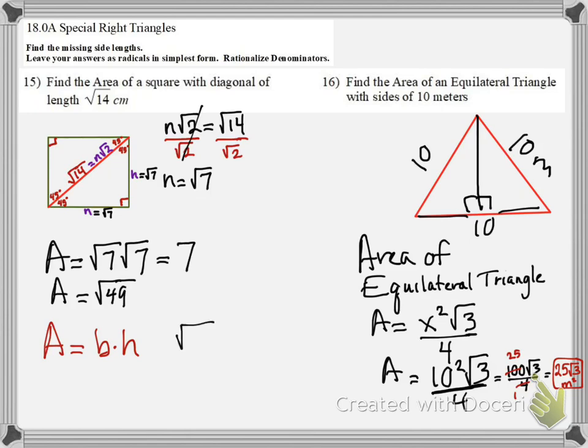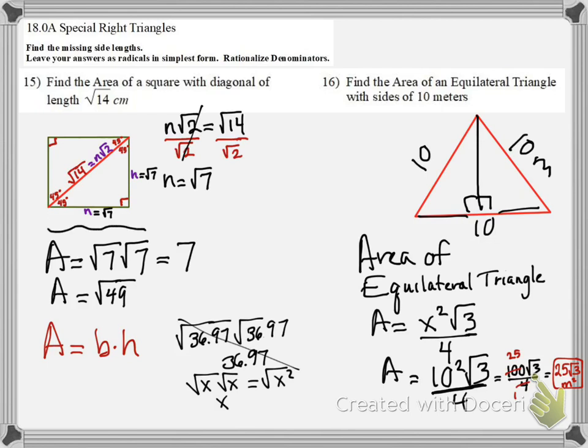Just like we know the square root of x times the square root of x is the square root of x squared, so it's just x. We don't have to show work for that, we just know that to be true. I am showing this, so I know where it's coming from, but that's a totally optional step. And this was in centimeters, and centimeter is always something squared, 7 squared centimeters.